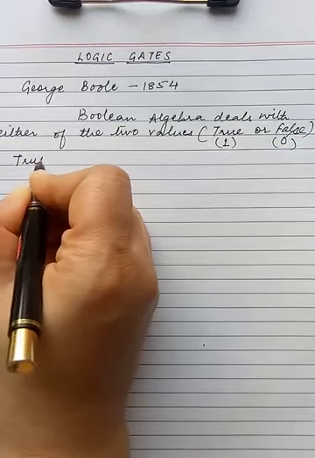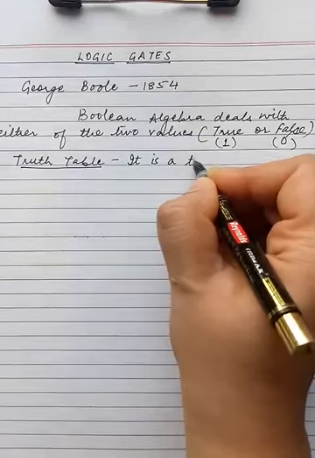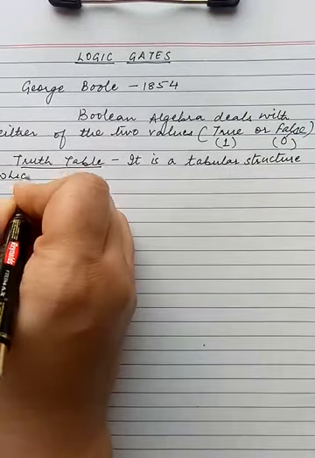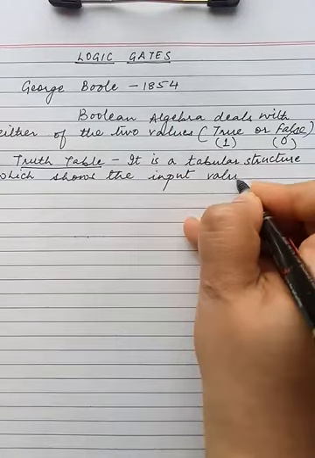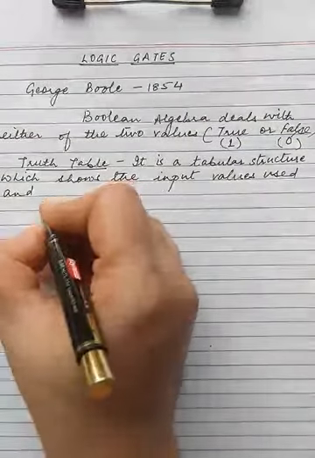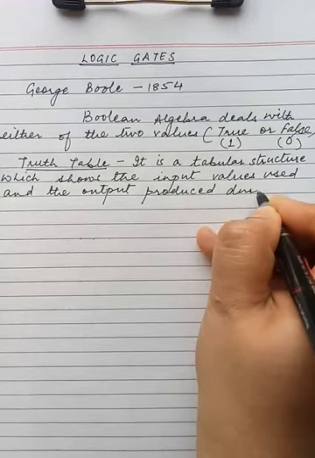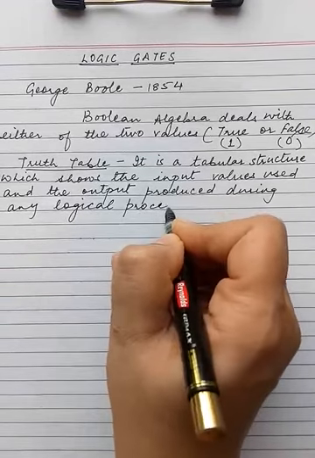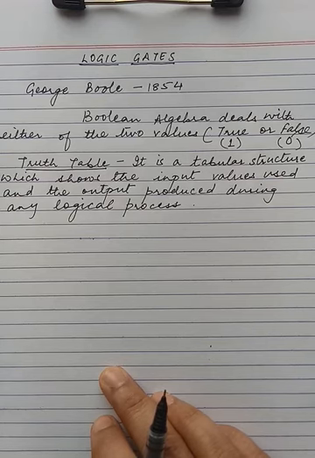Now, truth table. Truth table is a tabular structure which shows the input values used and the output produced during any logical process.